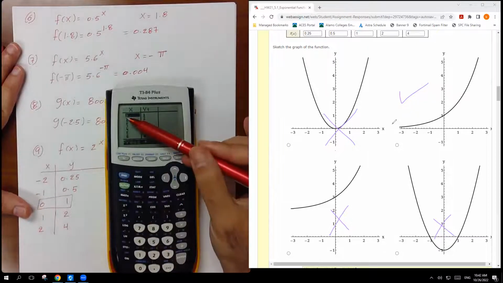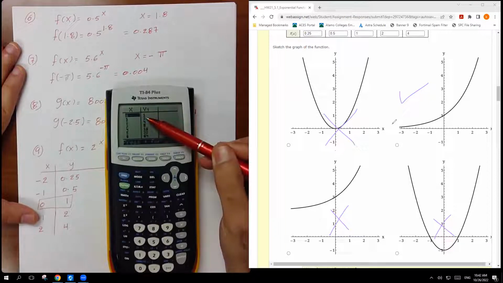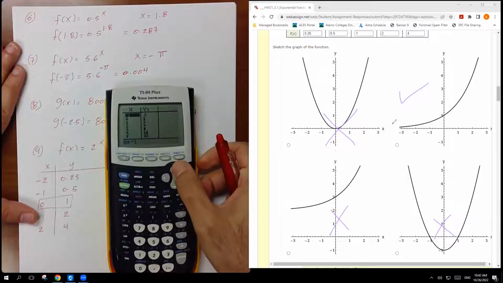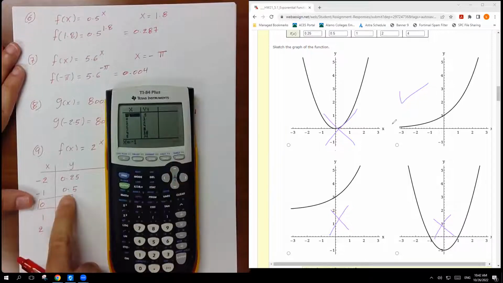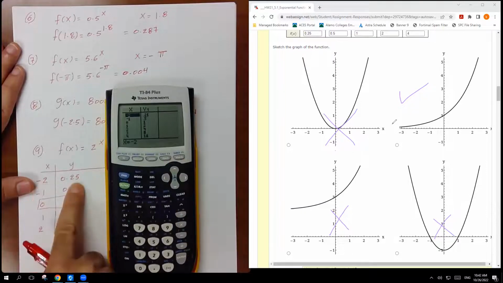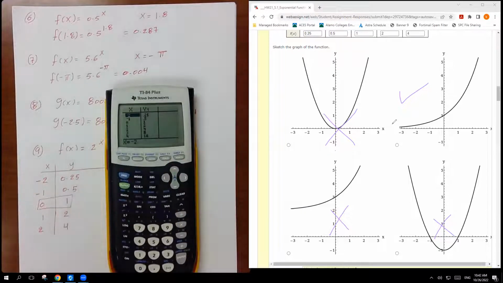You see the point 0, 1. The point 1 is going to be 2. If you go up, the point -1 is going to be 0.5. Go more up, the point -2 is going to be 0.25. So that's it for this example. We're just going to choose this one and submit.